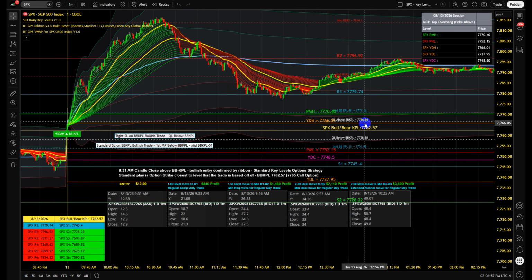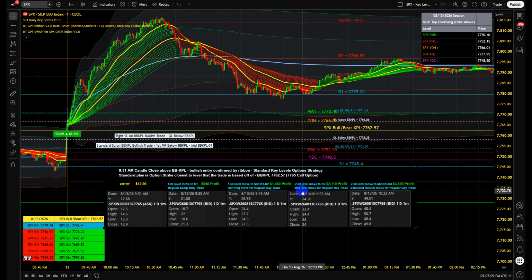Then on the 2-level minimum ideal move, the 2-level move is at 9:57 a.m., and that occurs on this candle here. At that time, the bid is 34, and that's a $2,110 profit per option.